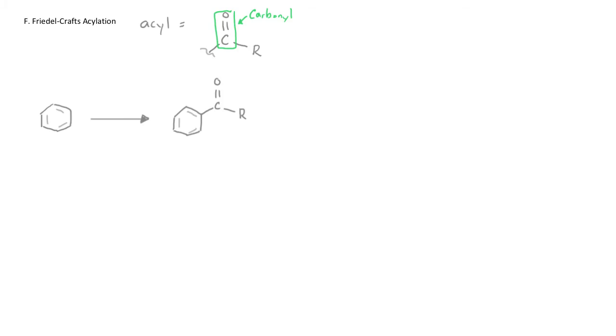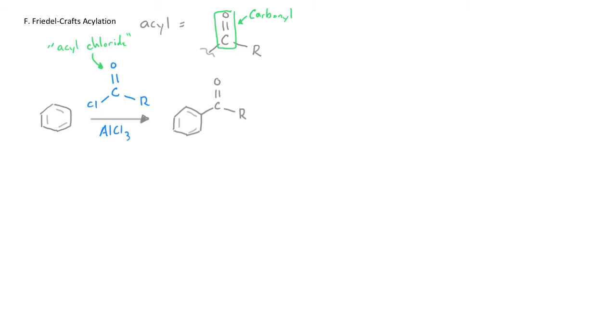So it looks kind of like a ketone because we have two R groups on either side. So a Friedel-Crafts acylation looks something like this. We're taking an aromatic ring, like benzene, and we're attaching one of these acyl groups at one of the carbon atoms of the benzene ring. The chemistry for Friedel-Crafts acylations is very similar to the chemistry of Friedel-Crafts alkylations. However, instead of using an alkyl chloride, here we're using an acyl chloride.